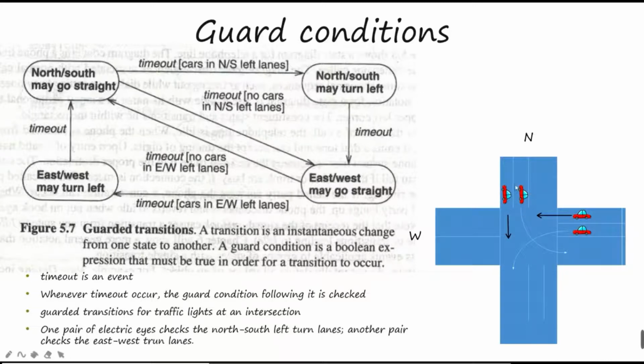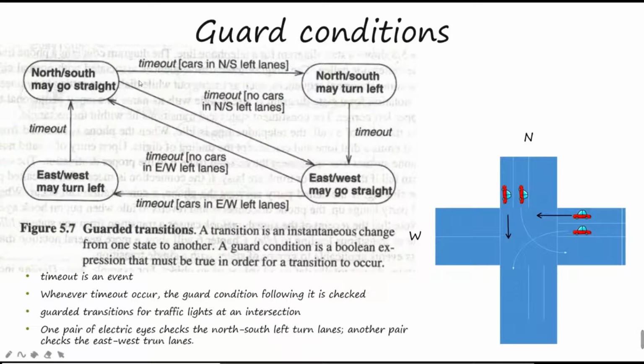It means if there are cars in the north-south left lane, only when it gets the event timeout and this condition is satisfied does this transition fire.